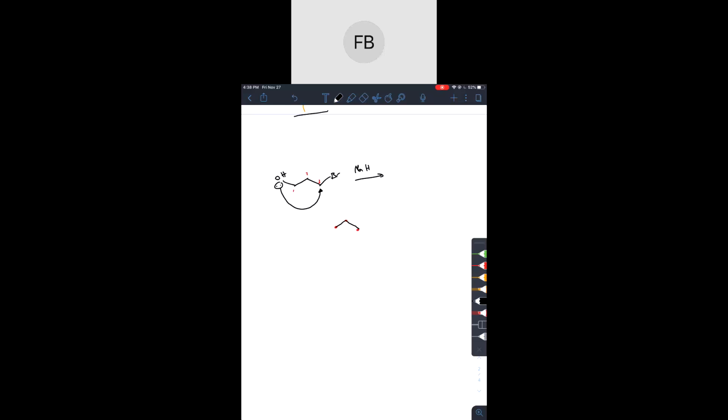Carbon number 1 is attached to an OH. Carbon number 3 is attached to a Br. We know again that this is attacking here, and this is protonating. So when you draw your answer, it's going to look like this.